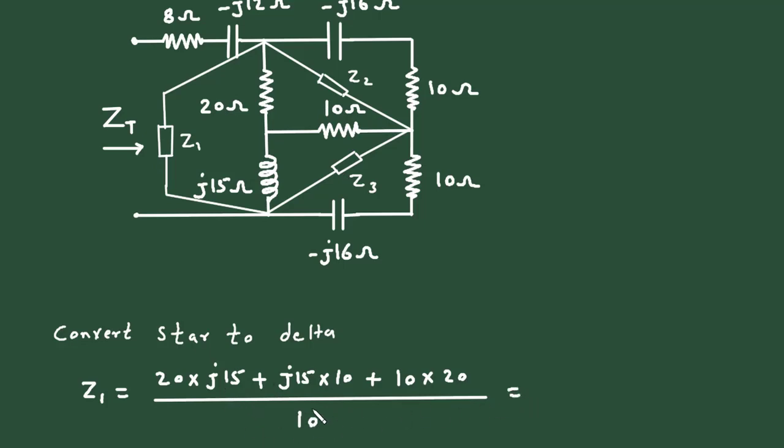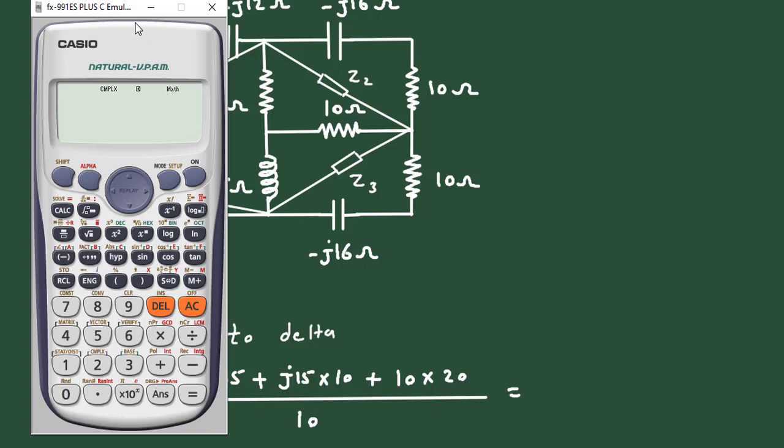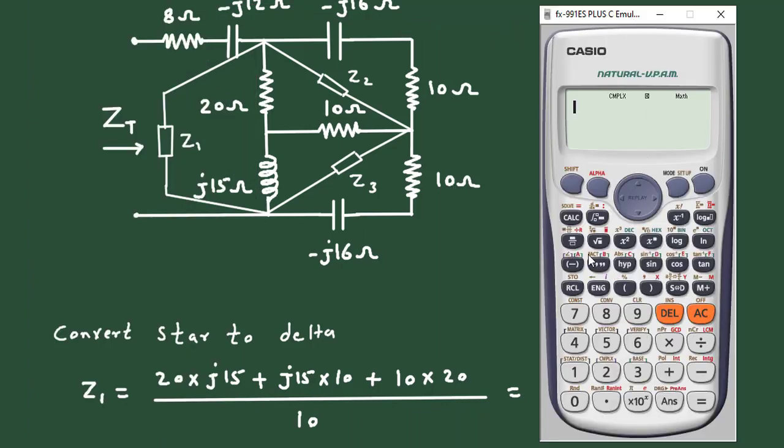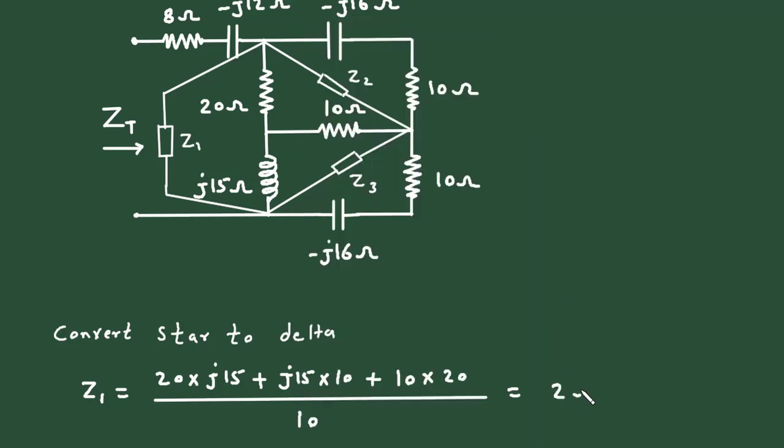Now let's find the value of this. So 20 into J into 15, plus J into 15 into 10, plus 10 into 20, divided by 10. So it is 20 plus 45J. And since it is impedance, its unit will be ohm.